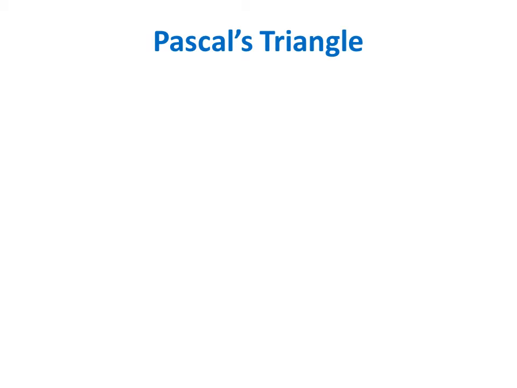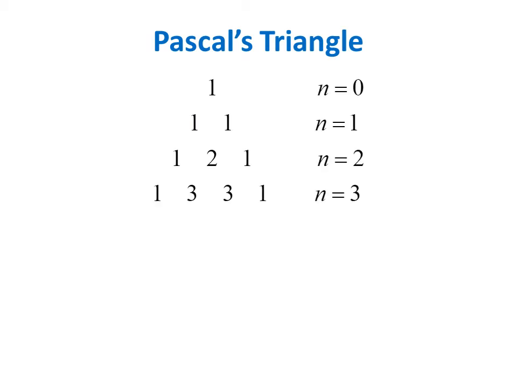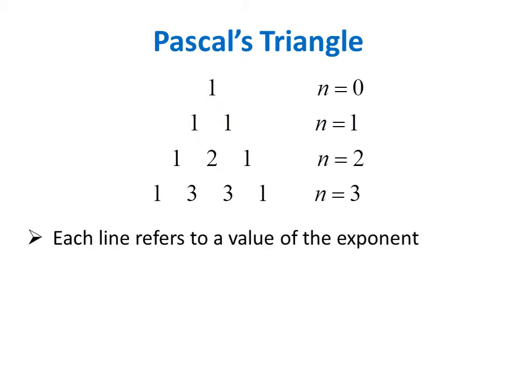What is a Pascal's triangle? It is basically a triangle consisting of numbers. It starts with three ones. So we have 1, 1, 1 that seem to act as vertices of a small triangle.